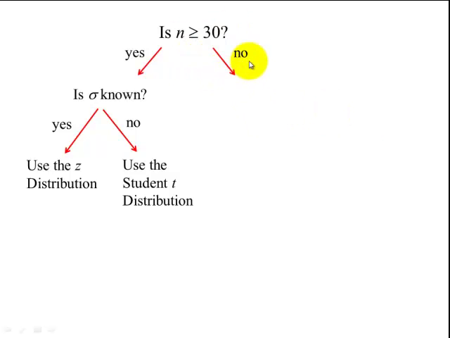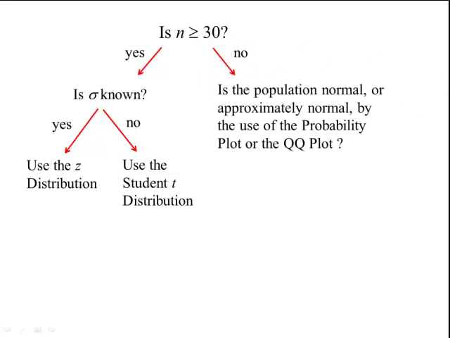If the sample size is less than 30, we have to check to see if the population is normal by using the probability plot or QQ plot. The graph is approximately linear and all the points are within the bands.